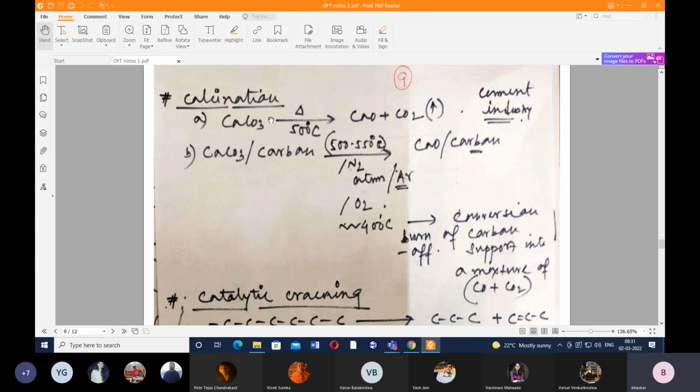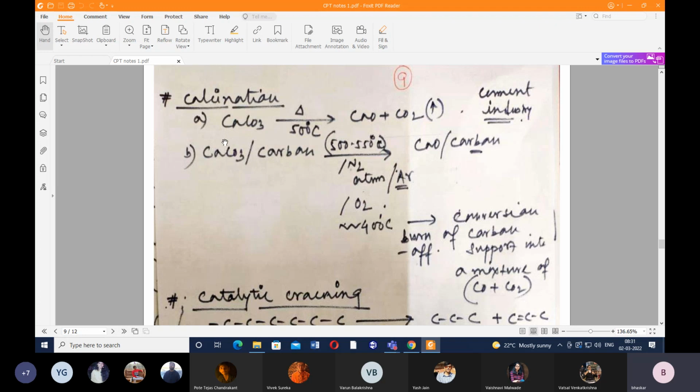But remember one thing: we are carrying out this reaction without nitrogen or any inert atmosphere. Since the material doesn't have any carbon content, we don't need to carry out this reaction in an inert atmosphere. Creating an inert atmosphere is expensive. Helium, argon, or nitrogen are expensive, right? But oxygen is readily available everywhere.